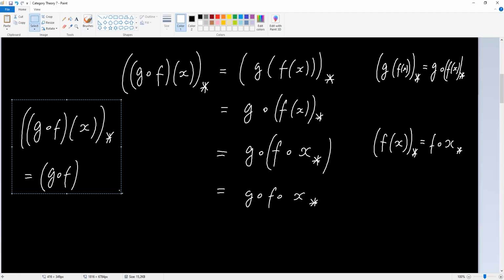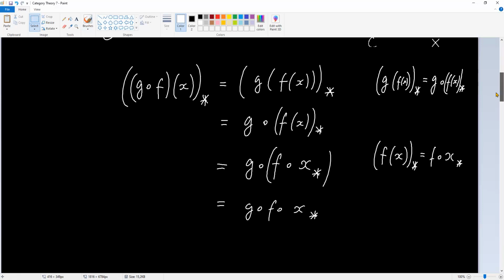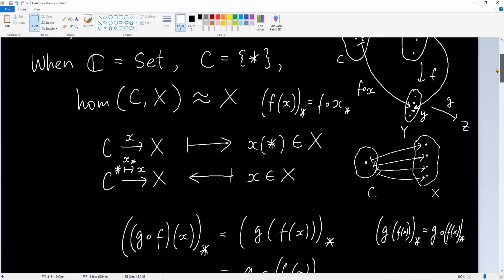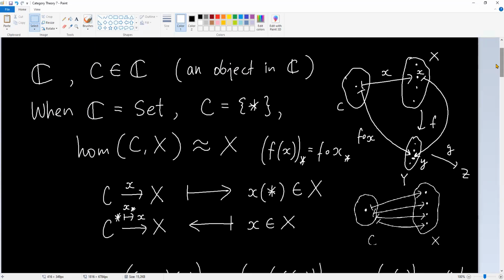Maybe someone can help me. Is this the formula I wanted to write? So I want a formula that tells me that composing f and g as functions is kind of compatible with the switch to seeing elements as morphisms.